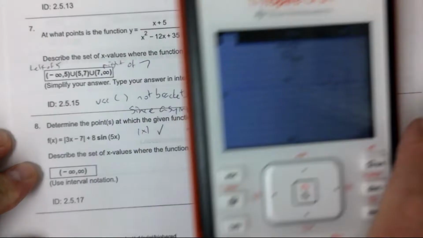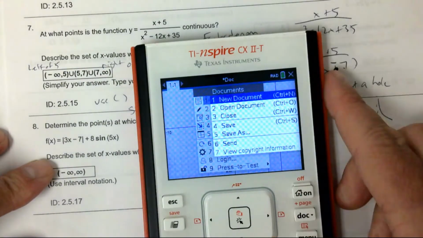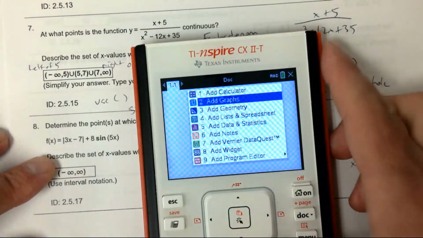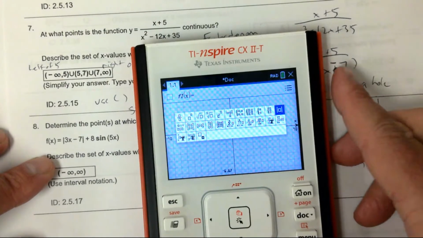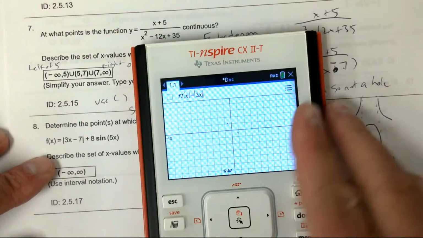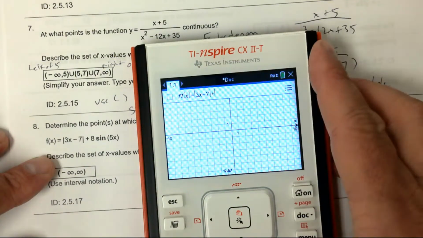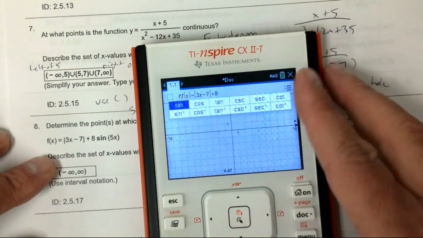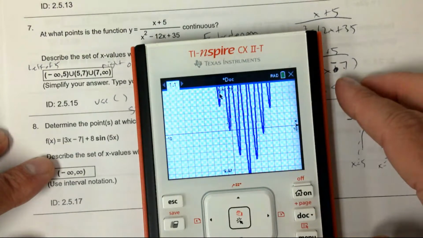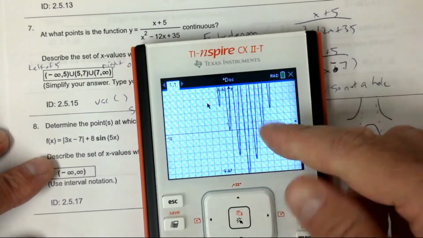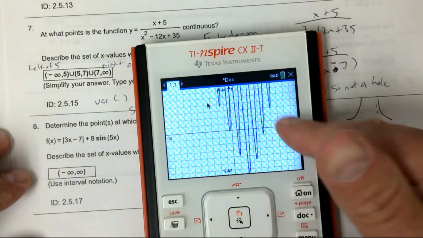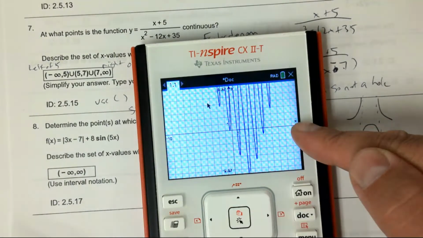So let's graph it. Absolute value 3x minus 7 plus 8 sine 5x. Okay, so that is really weird. It's almost like it's icicles.